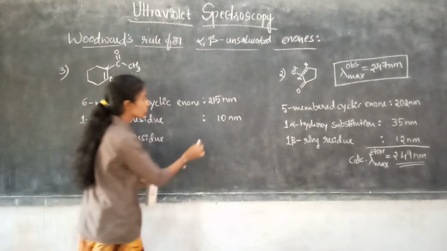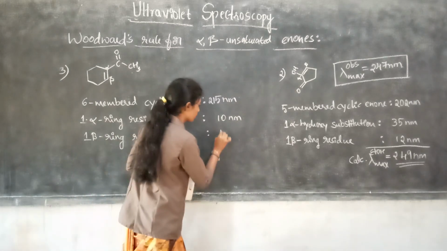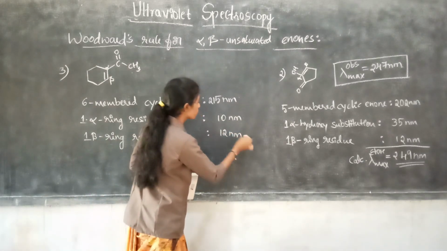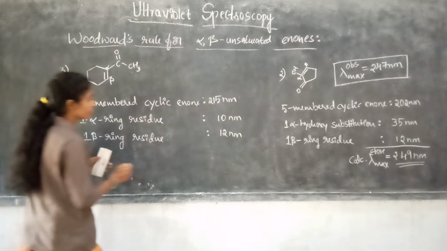If any ring residue is present at beta position, then there will be addition of 12 nanometer. So these are the substitutions present in this molecule.